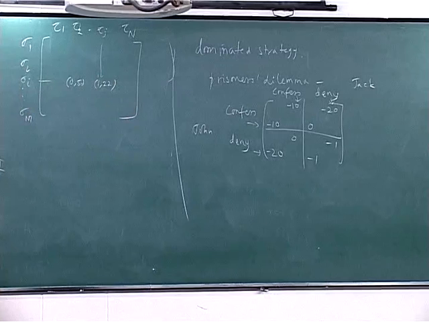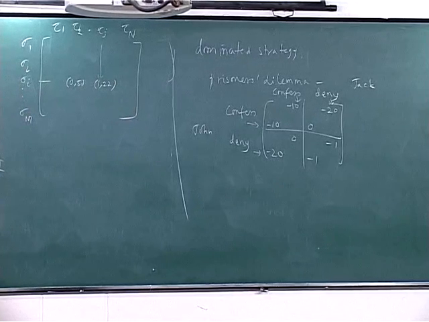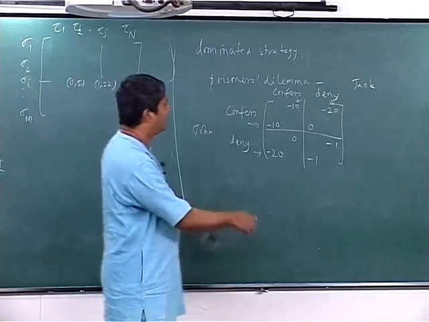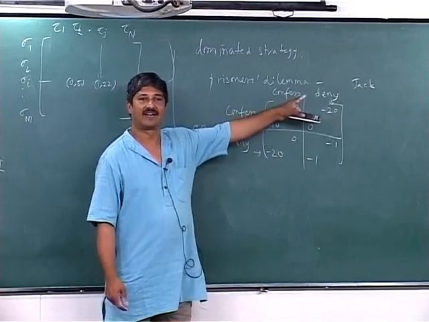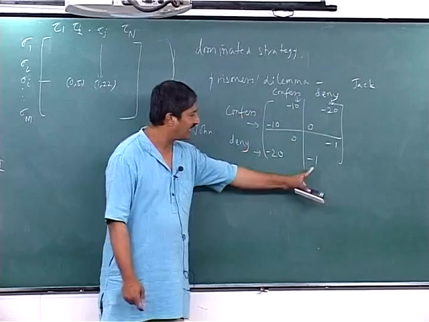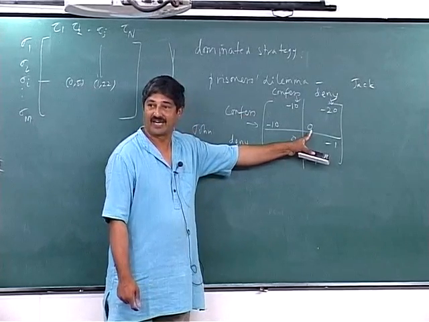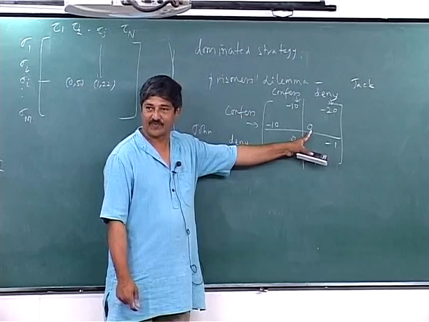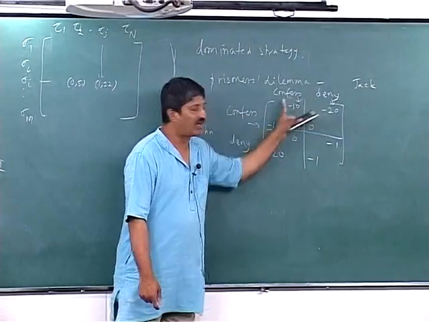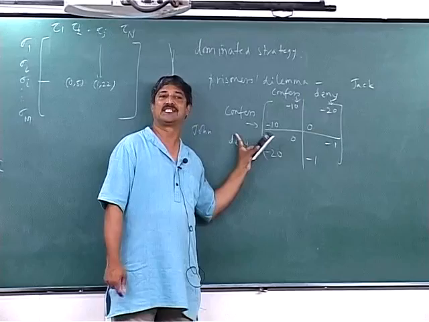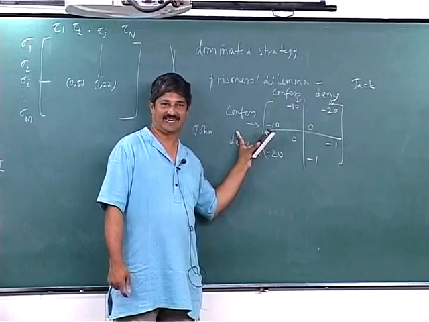If he is confessing, I should also confess. Suppose he is denying. If I deny, I will get minus 1, but if I confess, in this case, I get 0. So either of the options that he is using, confess is better for me.